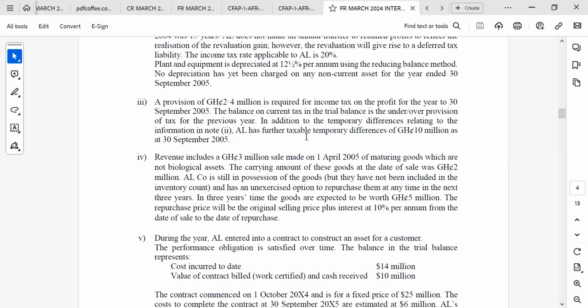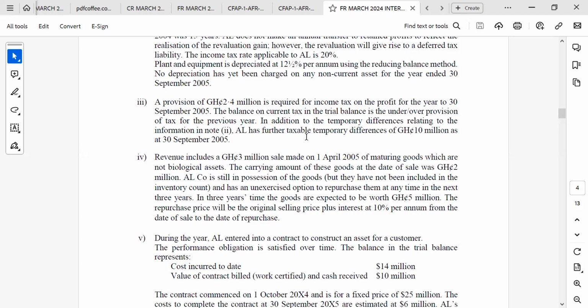No. Okay. But they have not included it in the inventory count. It means that they have treated this particular transaction as a sale. They have written the 2 million to what? Cost of sales. And the 3 million has been taken to revenue. Since you are still in possession of the goods, you cannot recognize revenue. So you assume that the goods are still with you, but you have received the 3 million from the person as a loan.